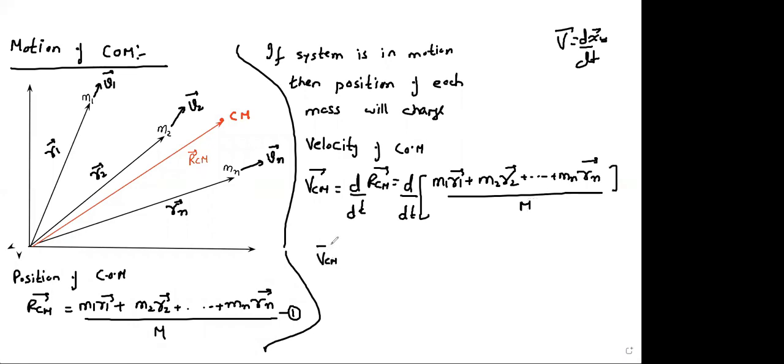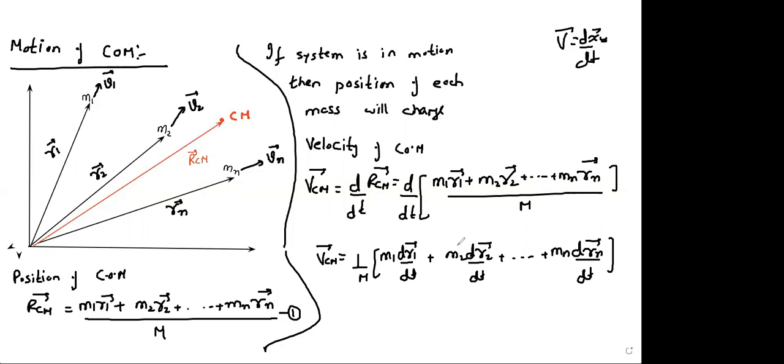So the velocity of center of mass is, this M is constant. You can take this M outside the derivative. And if I differentiate this term, then m1 is constant. This will be just m1 dr1 over dt plus m2 dr2 over dt, up to your n terms, and it will be mn drn over dt.